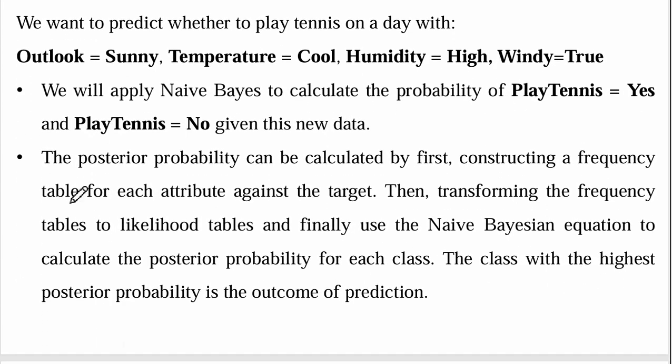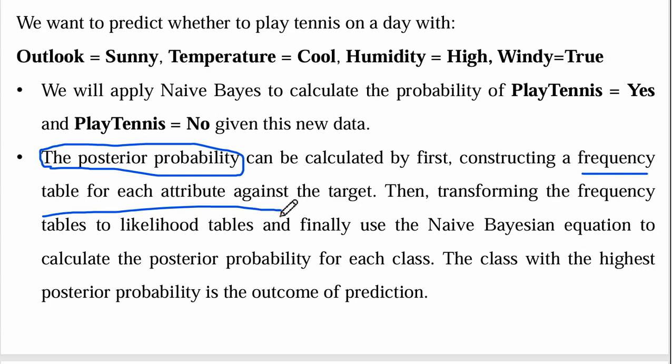I already told you that the naive Bayes algorithm mainly works based on the posterior probability. In this problem, the posterior probability is calculated as follows. First, we have to calculate the frequency table for each attribute against the target variable. Here, the target variable means the class label.